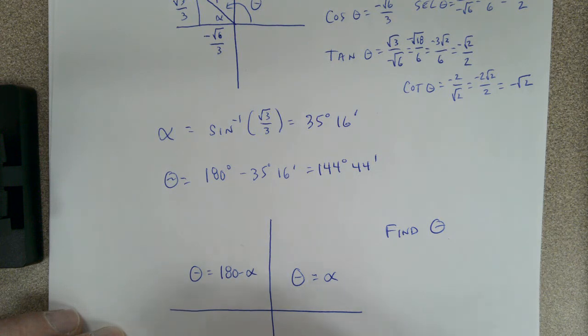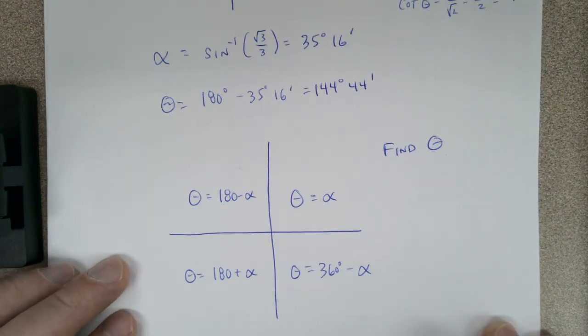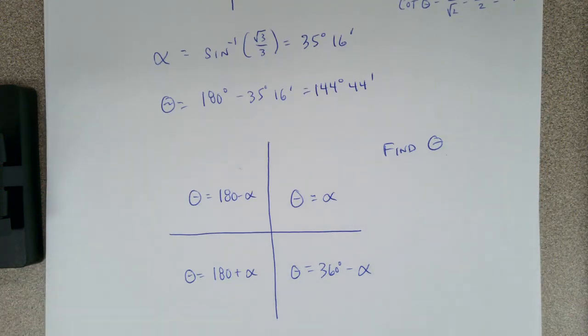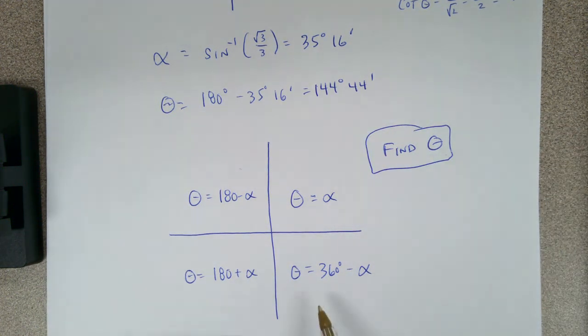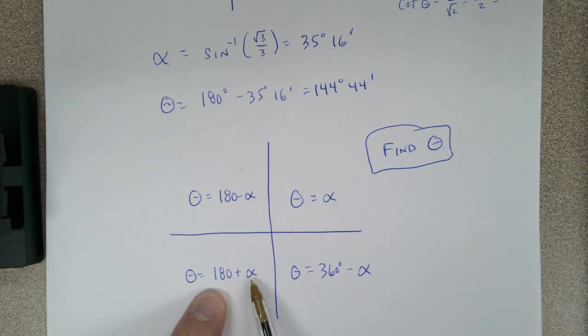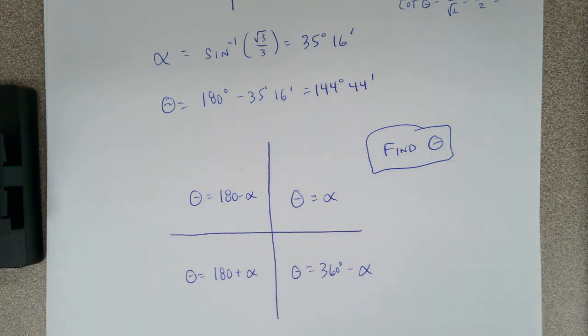In the third quadrant, it's going to be 180 plus alpha. And in the fourth quadrant, it's going to be 360 degrees minus alpha. So there's a good little chart there that you can use when you're going about finding theta. Again, fourth quadrant, 360 minus alpha. Third quadrant, 180 plus alpha. Second quadrant, 180 minus alpha. And then in the first quadrant, theta and alpha are the same.